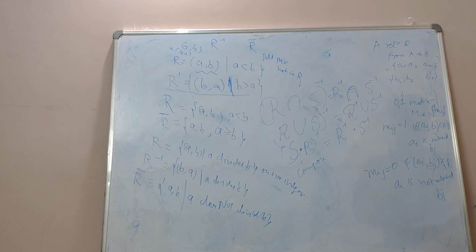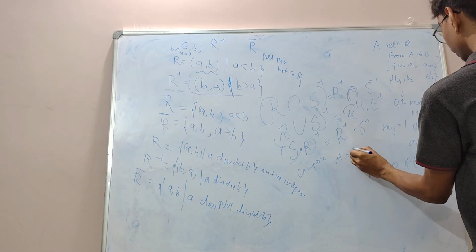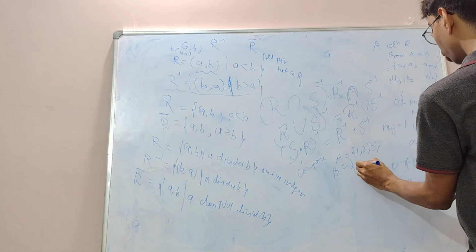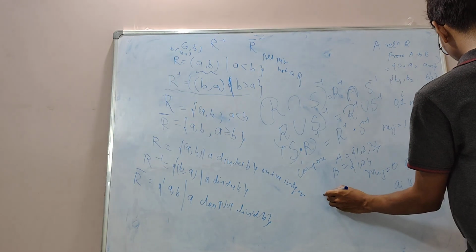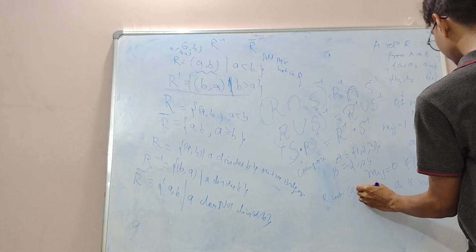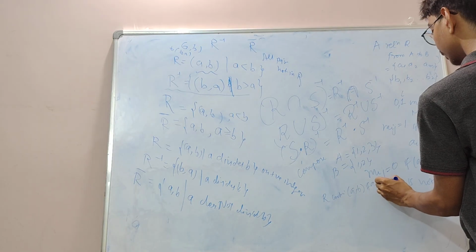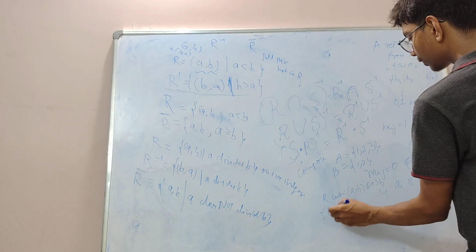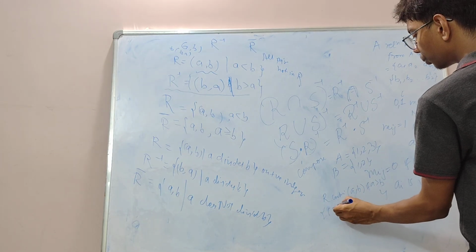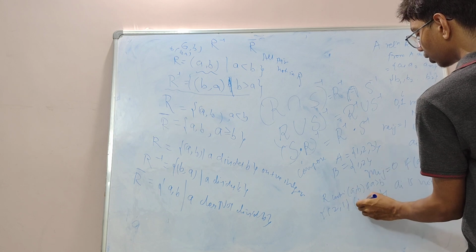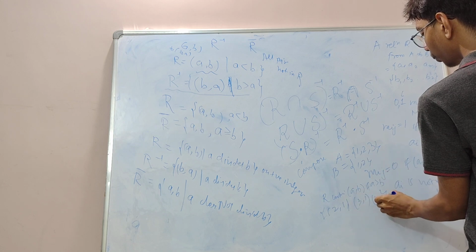So I can write this as, suppose I have set A equal to {1, 2, 3} and B as {1, 2}, and R contains (A, B) such that A is greater than B. So I will have relation R as A greater than B, so I can have (2, 1), then (3, 1) and (3, 2).